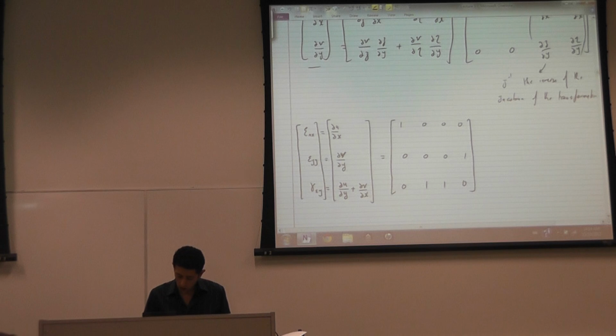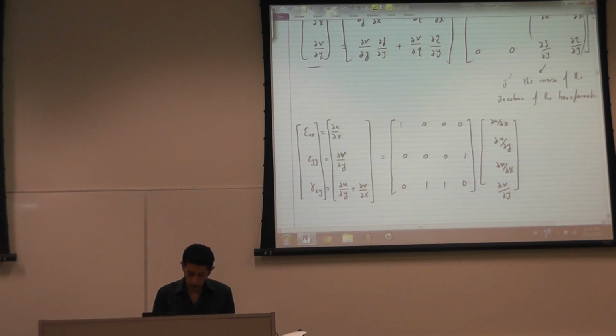Put here partial u by partial x, partial u by partial y, partial v by partial x, partial v by partial y. What did I do? Epsilon xx is equal to this multiplied by this. I get partial u by partial x. Epsilon yy is partial v by partial y. Multiply this by this, you get partial v by partial y. Gamma xy is equal to this.